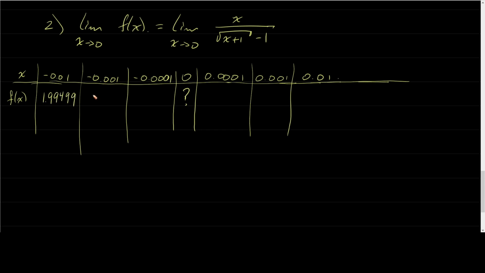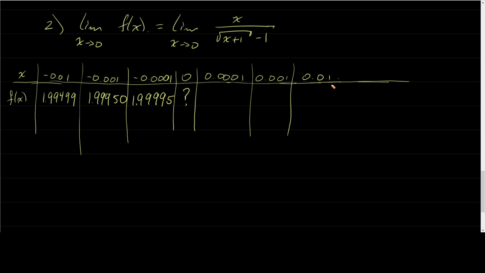When I plug the next value in, I end up with 1.99950. The next value, 1.99995. If I approach from the left, we're getting slightly bigger numbers, but it's pretty clear what it could be approaching. Let's look at the right.